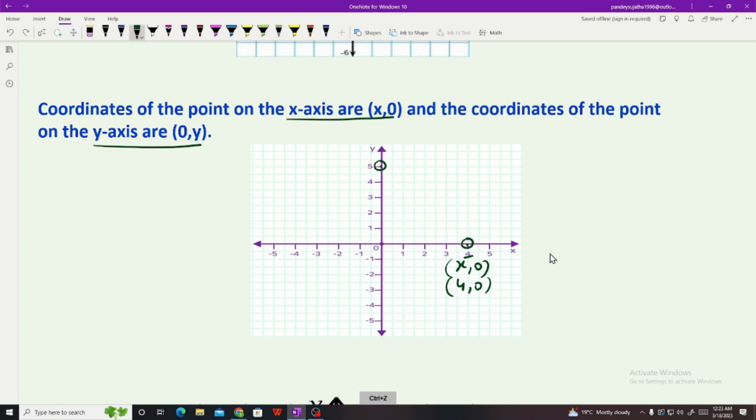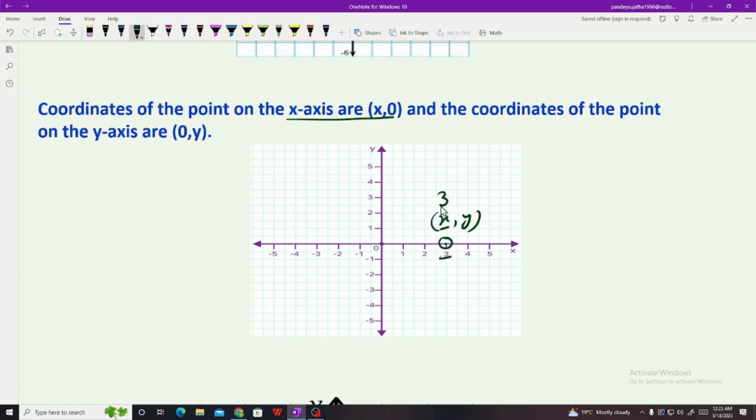Let me take one more example. If a point is on the x-axis, then the x coordinate is the distance of the point from the y-axis, that is 3.